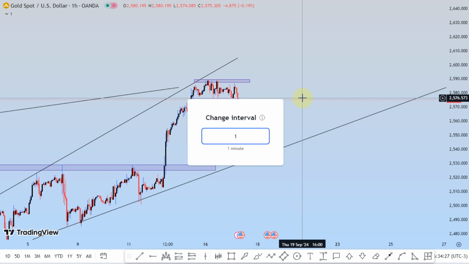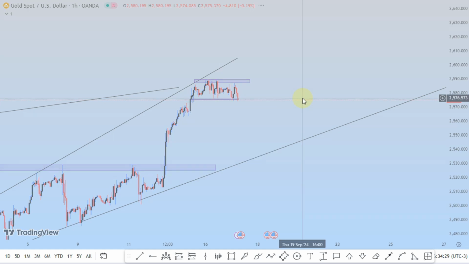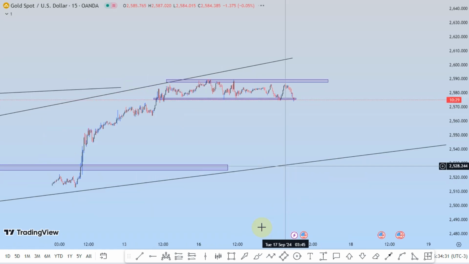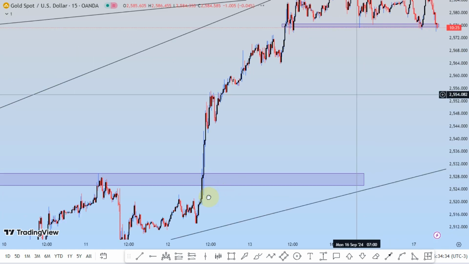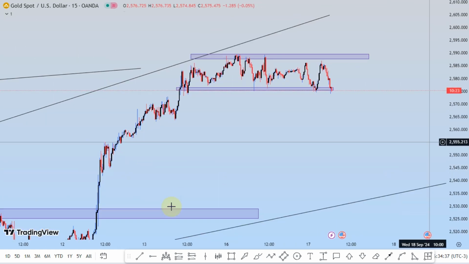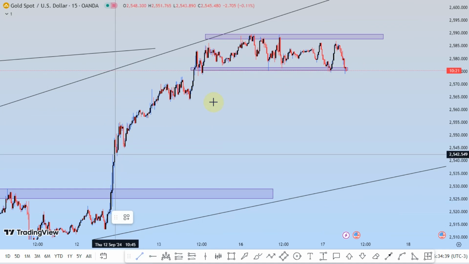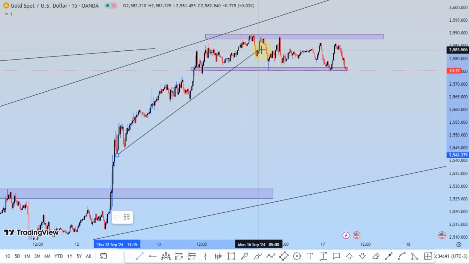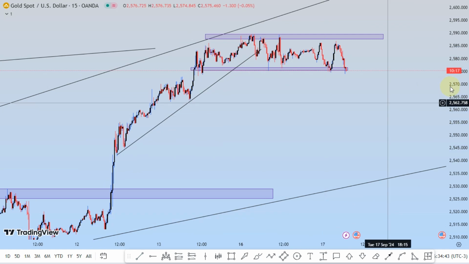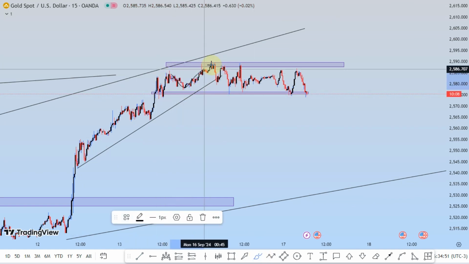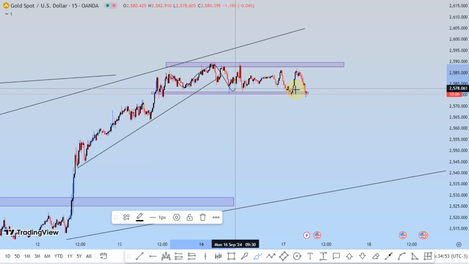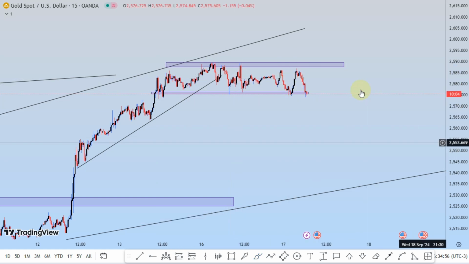Let me hit 15 real quick. Correct. Now this is what we see. The market has been printing off the 15 minutes, and I think we also had a trend right here. Let's see what happened. We had a trend right here. Correct. Okay, so I see that gold broke out of this trend and gave us something like an impulse correction, bearish flag, broke, and now she's trying to play around, moving sideways.